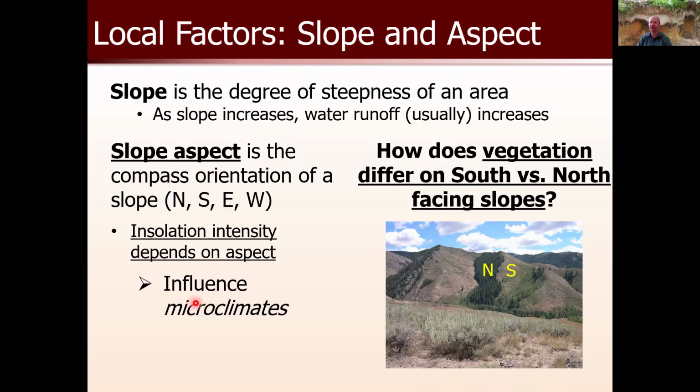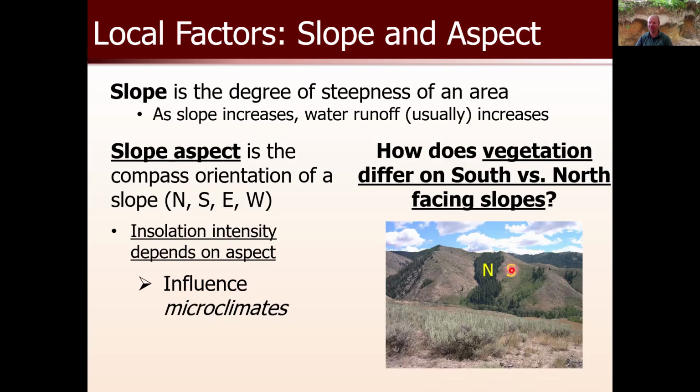The aspect is also incredibly important, and that is the compass direction that the slope is facing. Especially in the Intermountain West region, you can have these really dramatic differences. A south-facing slope often is really dry with sparse grassland and stunted shrub vegetation because there's so much heating and so much evaporation that, even though both slopes receive the same amount of precipitation, this one has tremendous amounts of evaporation.